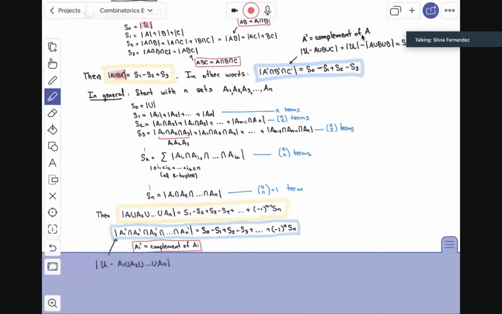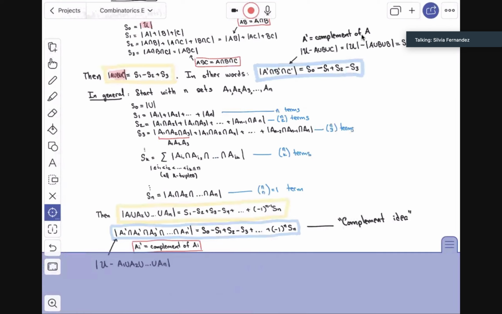Makes sense? So this is everything that's not in any of the sets. So I'm just going to say here that the complement idea that we always use corresponds to that way of stating it.